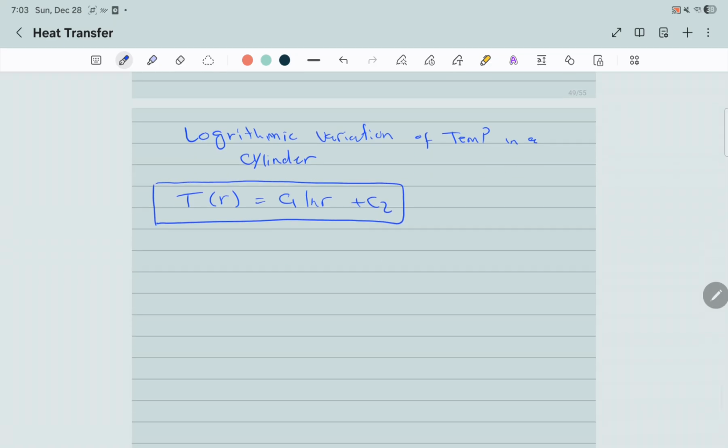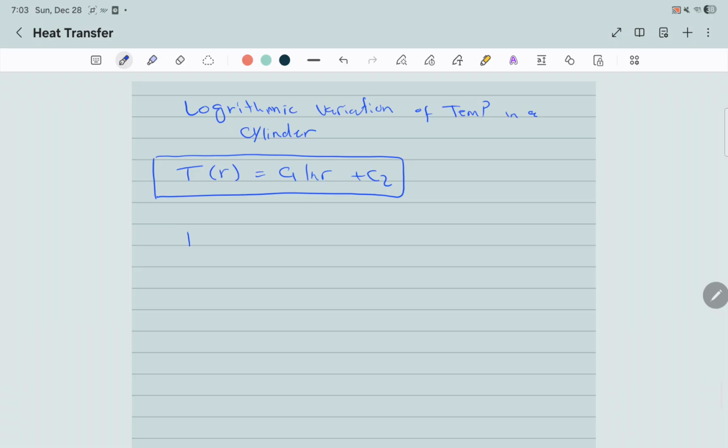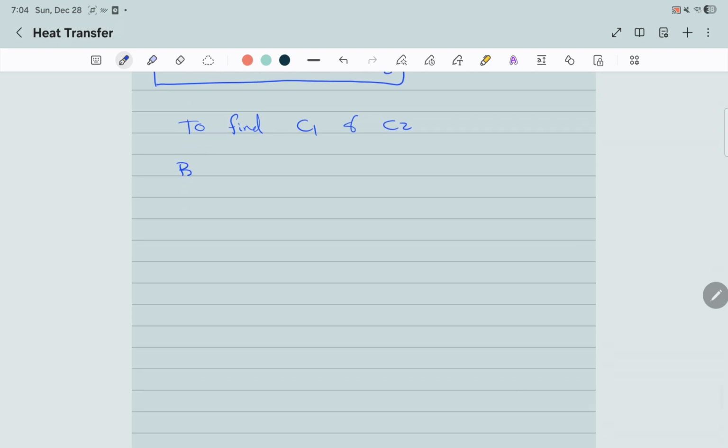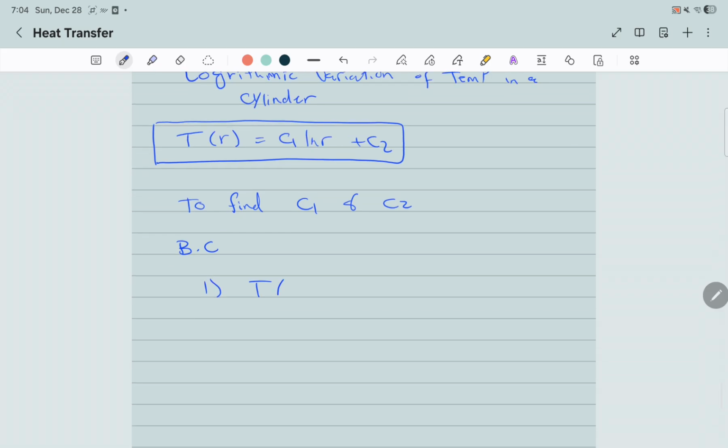Now the next step is to find C1 and C2. To find C1 and C2, we need to use the boundary conditions. One, that the temperature at R equals R1 will give us T1, and the temperature where R equals R2 will give us T2.